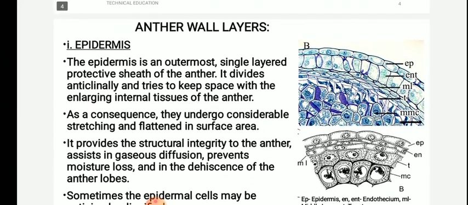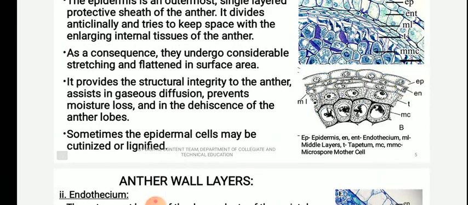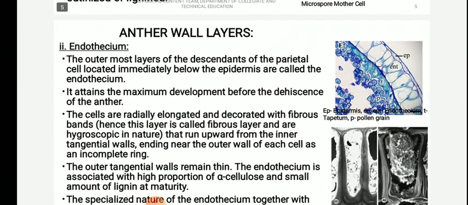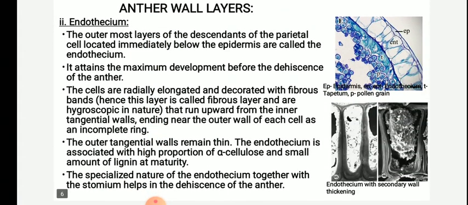So the first wall layer of the anther is epidermis. It is protective in its function. It is a single layer, and in young anther it will be very broad, but in mature anther it becomes flattened. The second anther wall layer is endothelium, formed by the primary parietal layer, which divides into the secondary parietal layer, which again undergoes division and forms the endothelium.